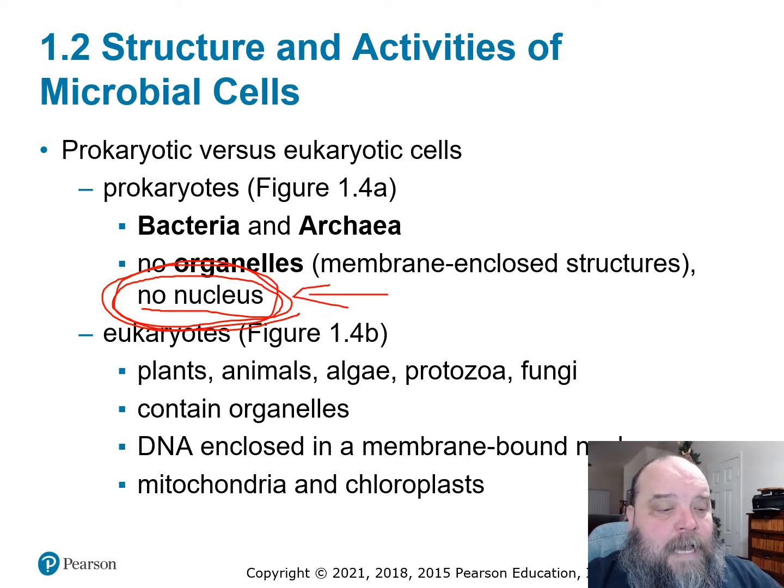So in my mind, that's the deciding factor. Are you talking prokaryote or eukaryote? If there's a nucleus, or somewhere in the lineage of the cell there was a nucleus, because you've got to remember, not all the cells in your body have a nucleus. Your red blood cells don't. But the lineage of the cells in your bone marrow that make those red blood cells had a nucleus at some point in time.